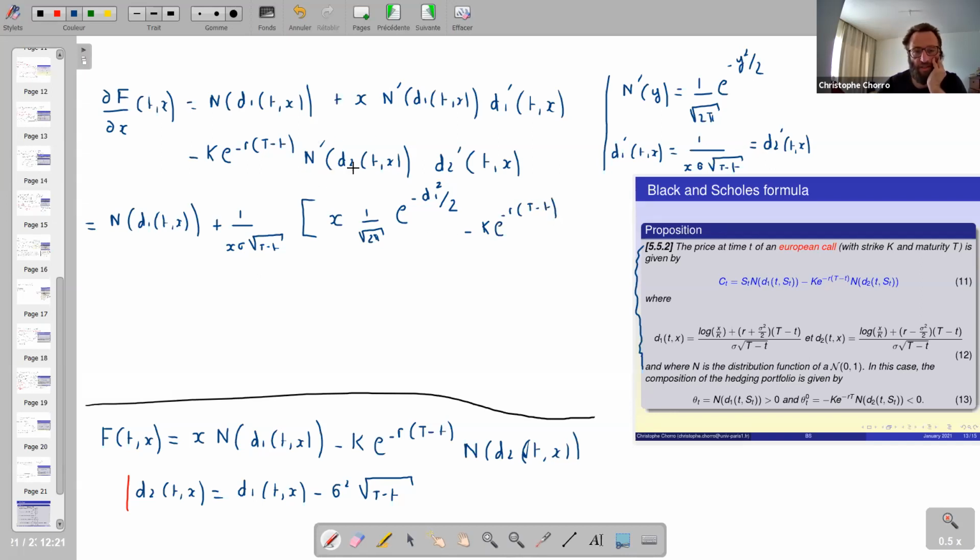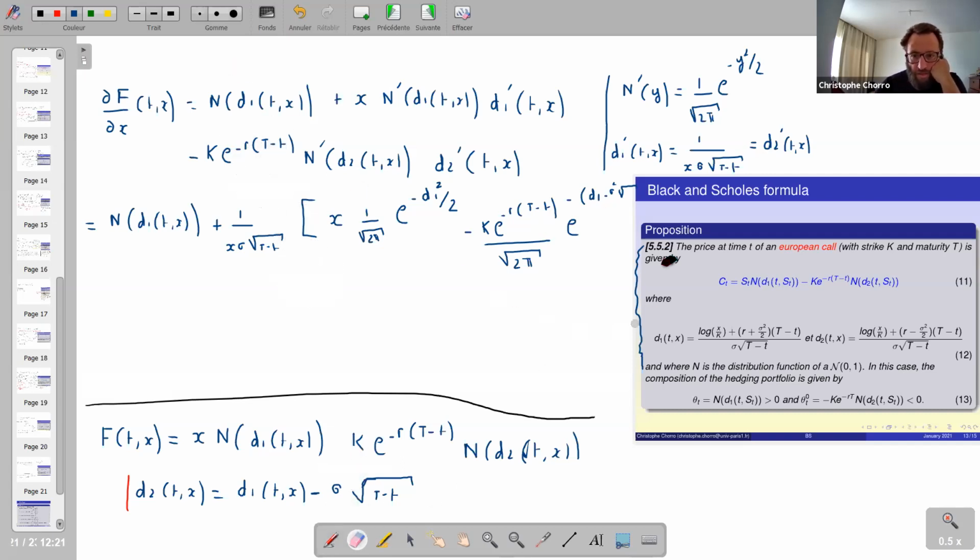And I have the derivative of capital N, that is the density at d2, with d2 equal to this one. So it is 1 over the square root of 2 pi exponential minus, so d2, let's write it this way, d1 minus sigma, oh excuse me, it's the sigma that you have here, so minus sigma the square root of capital T minus t.